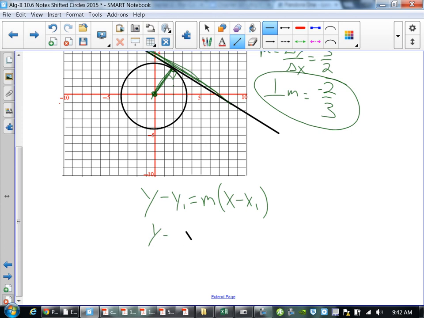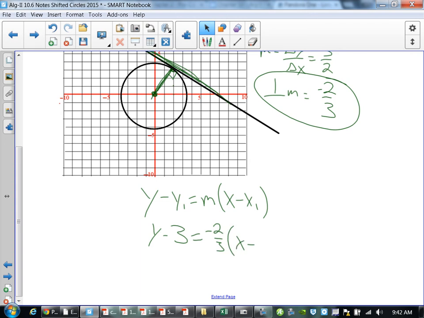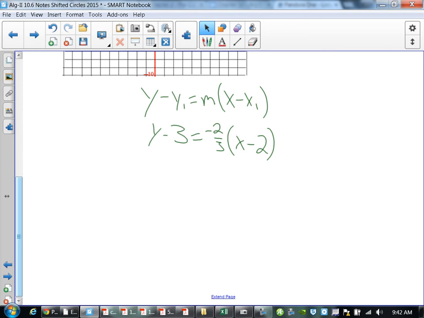There's a 3. There's 3. And we're going to get y minus 3 equals negative 2/3 times x minus 2, right? Distribute and add over. So you get y equals negative 2/3 x plus 4/3, plus 3.